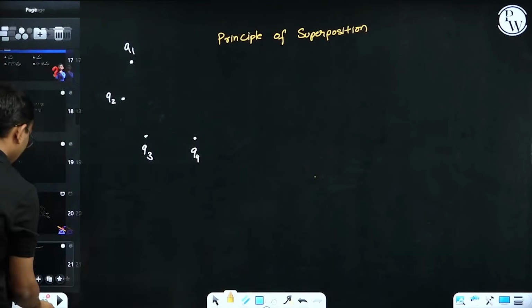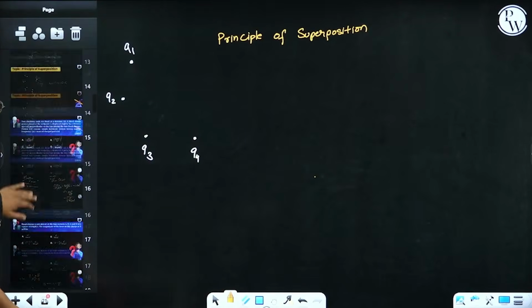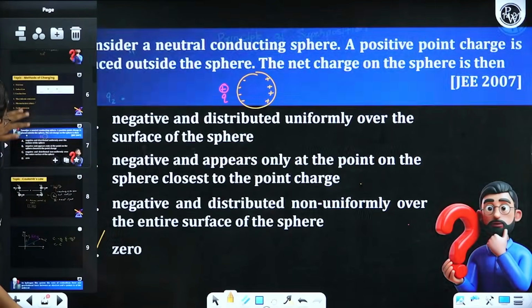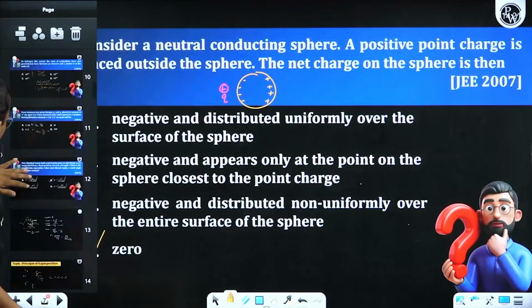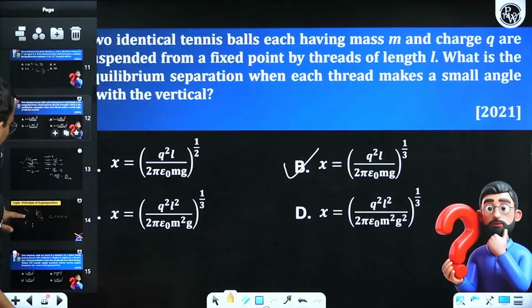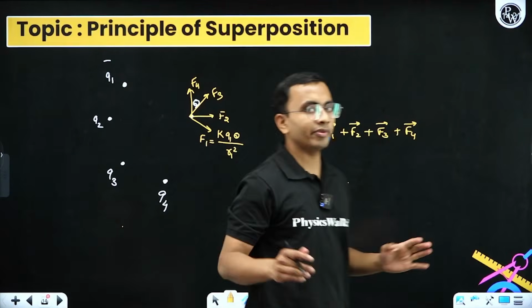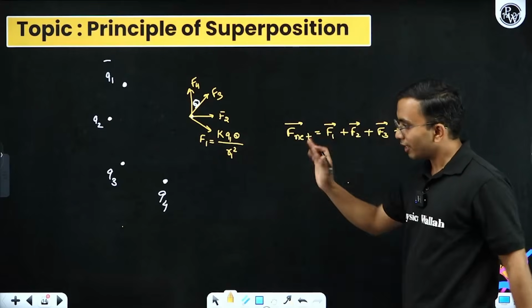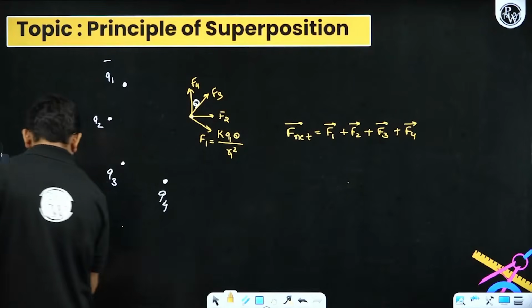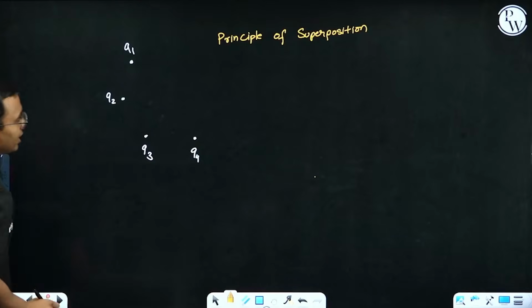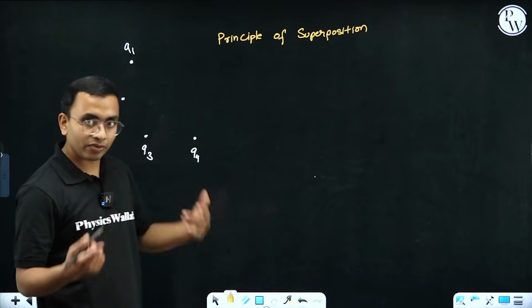Now the way here we defined the principle of superposition, we were finding forces. The same way here we are finding the electric field.